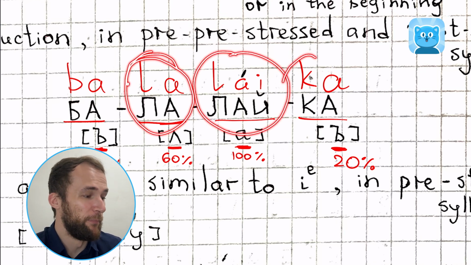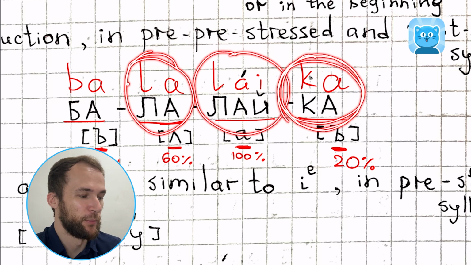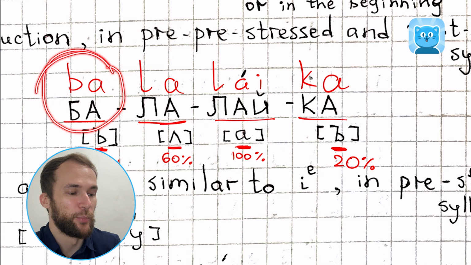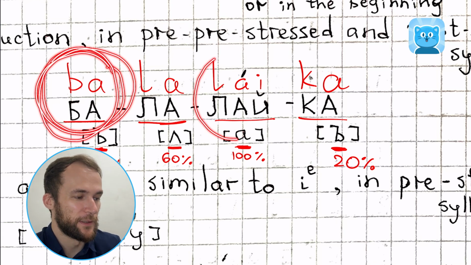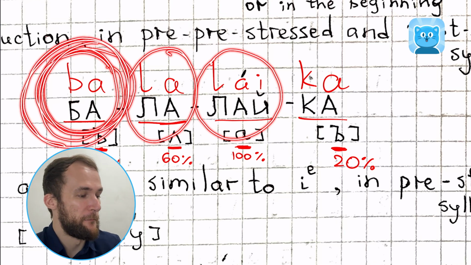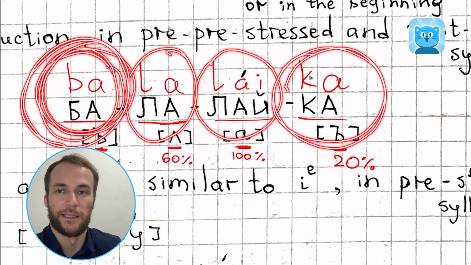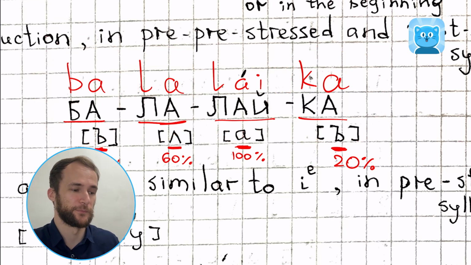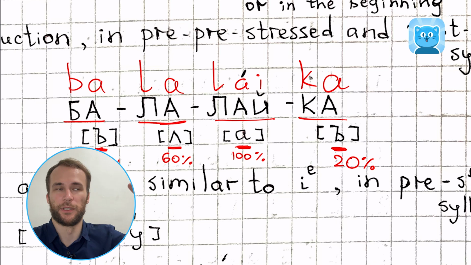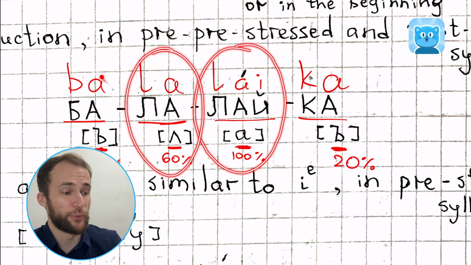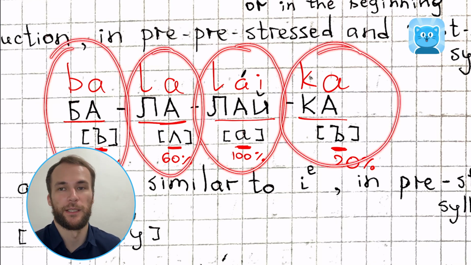Now this one will be post-stressed, and this one will be pre-stressed. So again, stressed, pre-stressed, pre-stressed, post-stressed. Okay, so this is the gradation here, right?